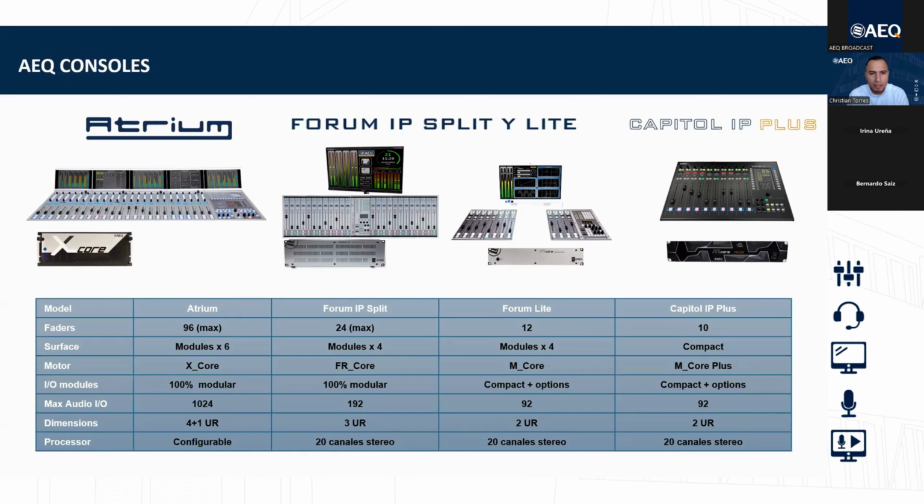It's very important to say that AEQ has a new version of the Forum mixing console. In the next webinar, in the next days, you will receive different information about this spectacular console. The light version is on the right part.